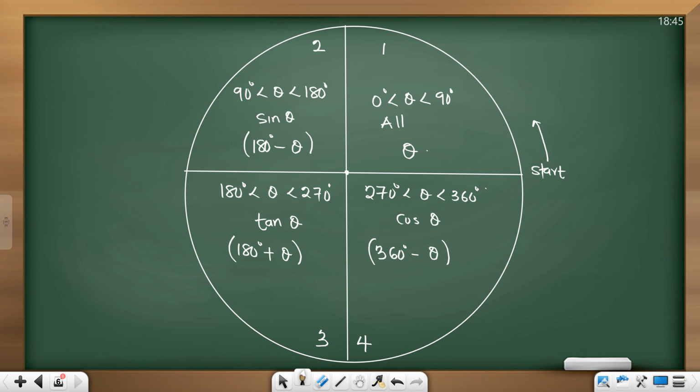You may please draw: first quadrant, second quadrant, third quadrant, fourth quadrant. We call it the CAST diagram: Cos, All, Sine, Tan. Or you can just say All Students Take Coffee.